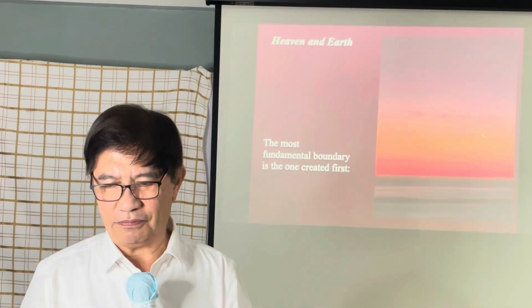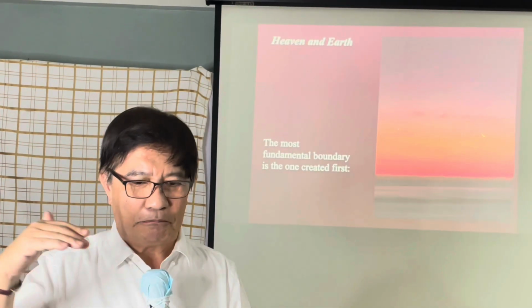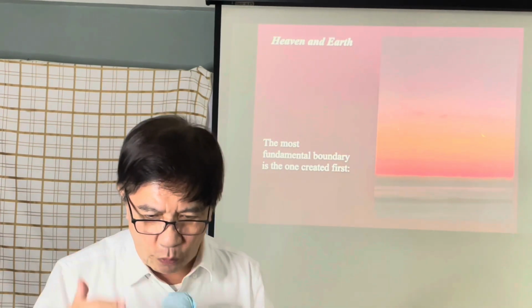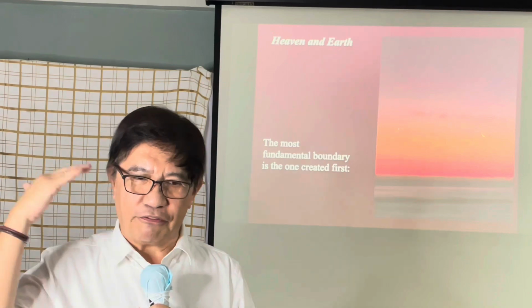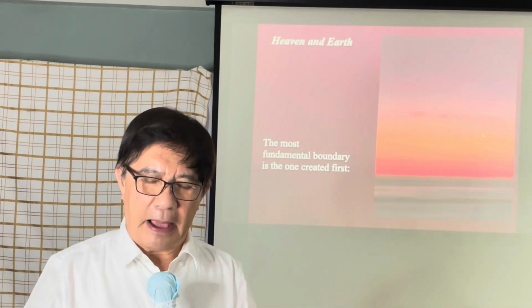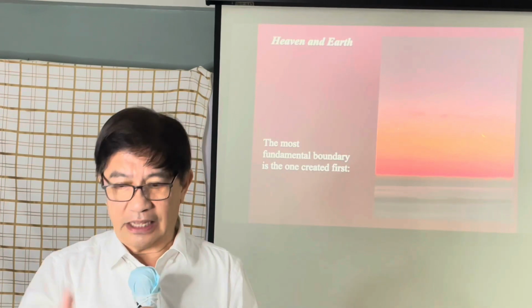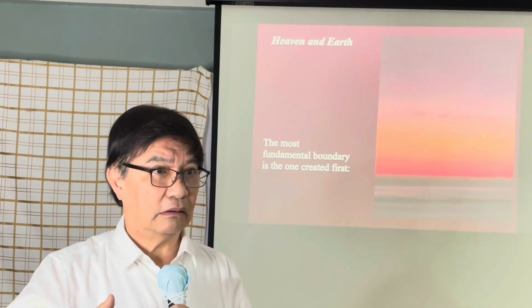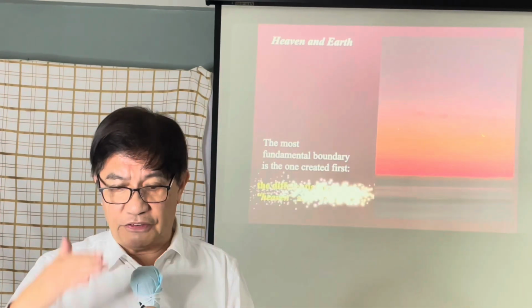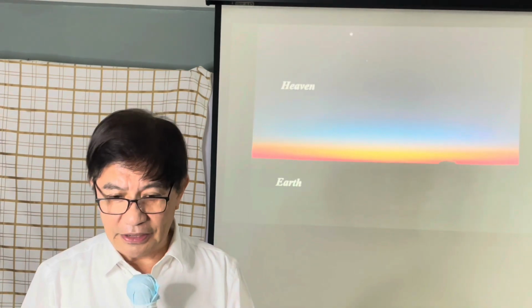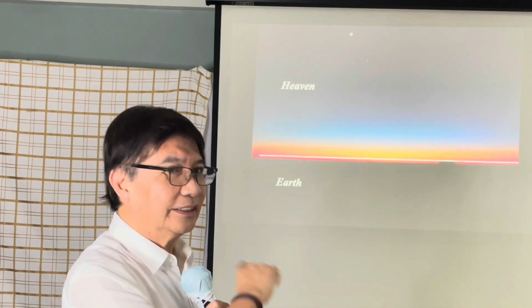Heaven and earth is the most fundamental boundary in the one created. It is the one created first. That's the first thing that was created. Boundary between heaven and earth. That's the most fundamental order. The differentiation between heaven and earth.